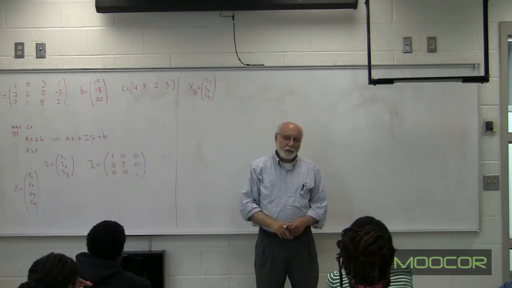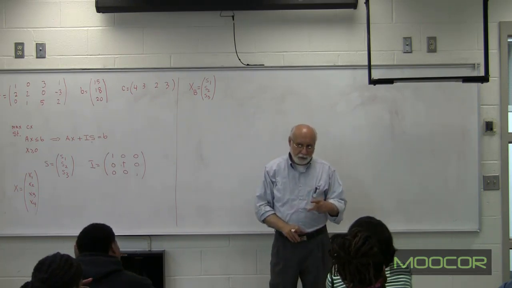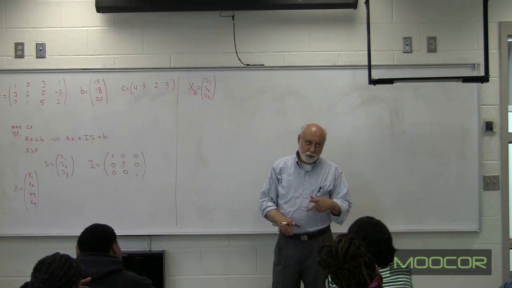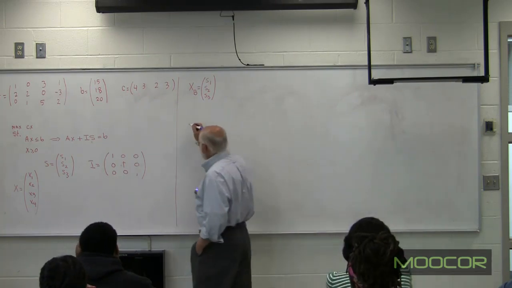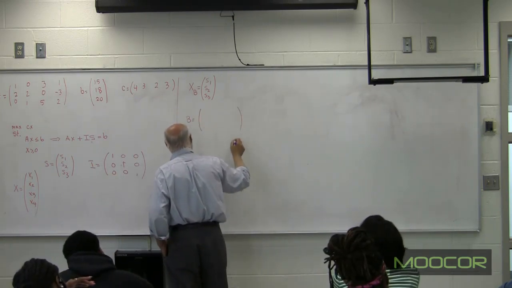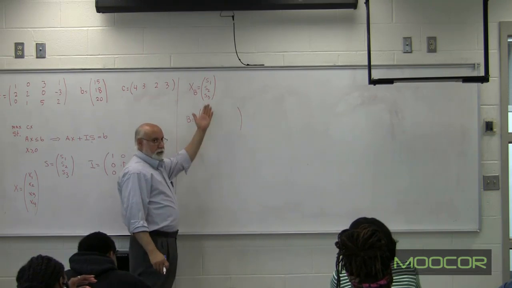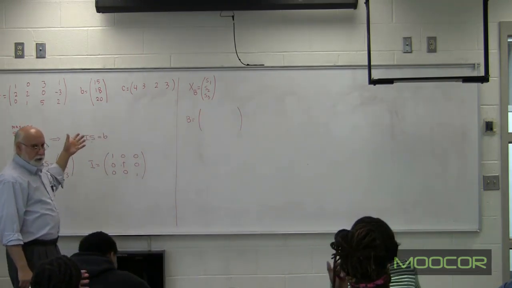So that's my XB. And what do I need to set up right now? I need to introduce the B. So what is B? B is the coefficients of these basic variables in the original problem.